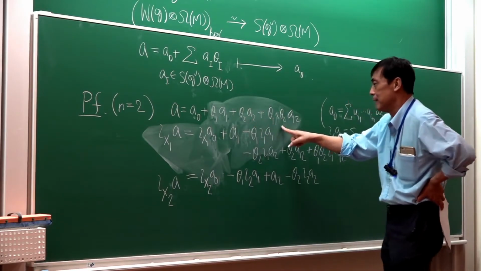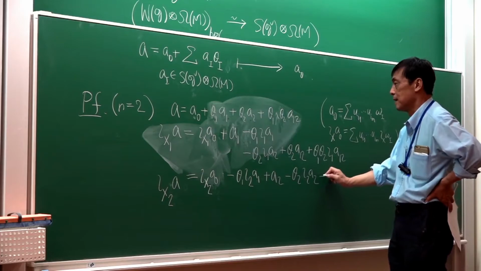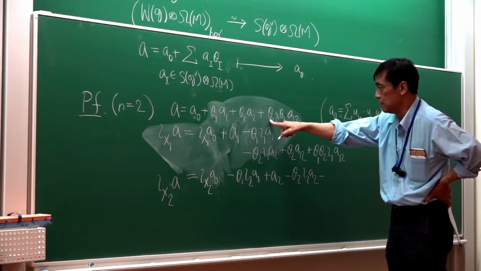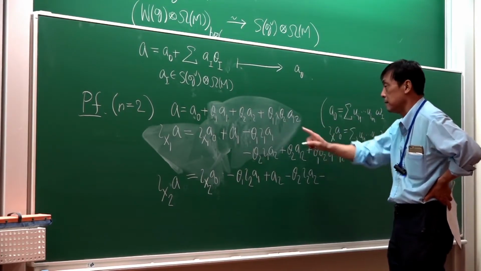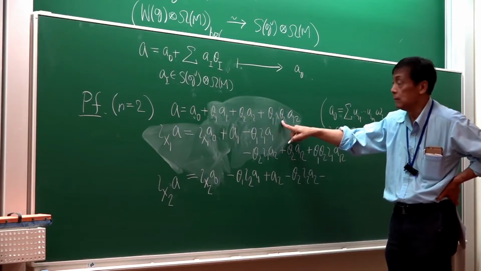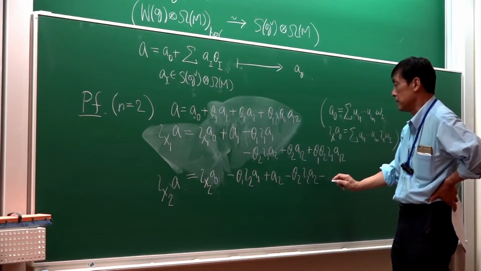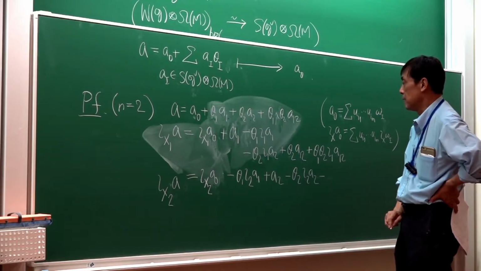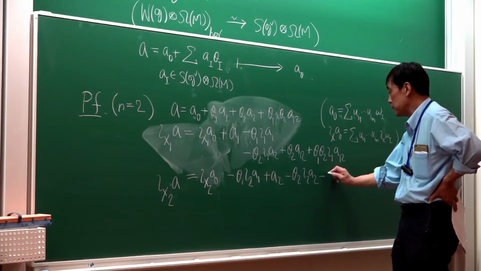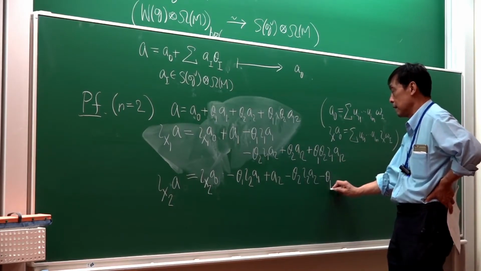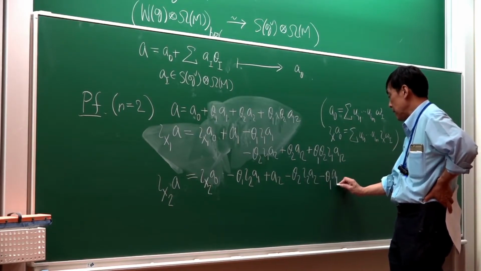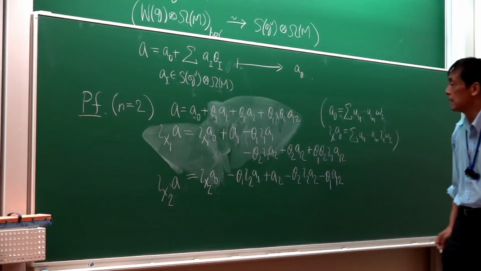And then theta 2 applied to this is 0. So I get a minus theta 1, I2 A1, right?